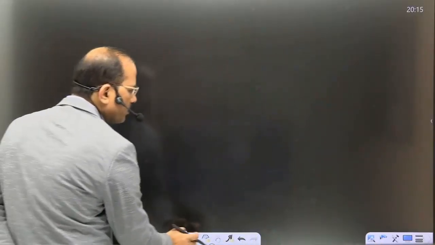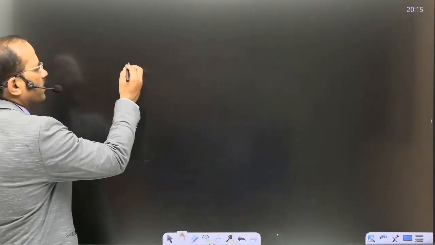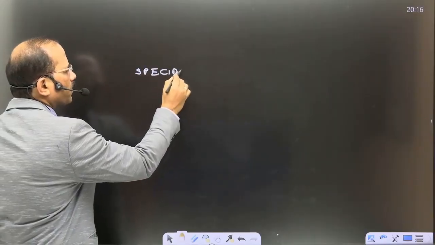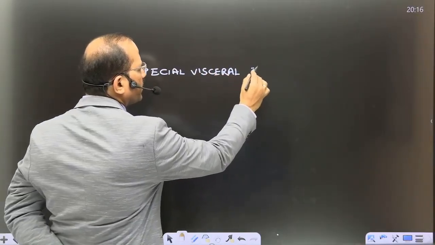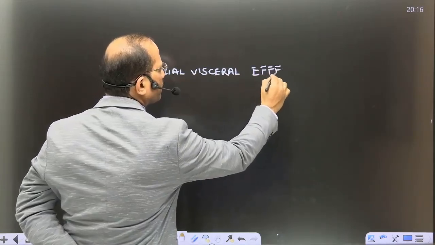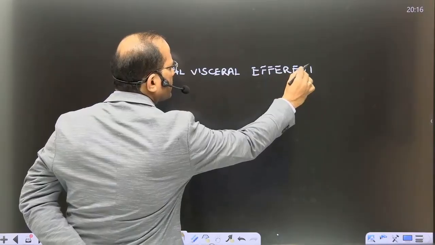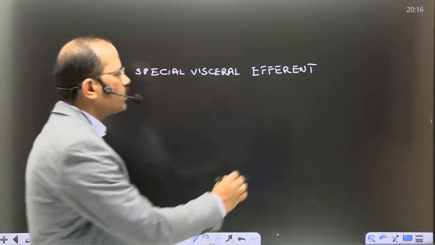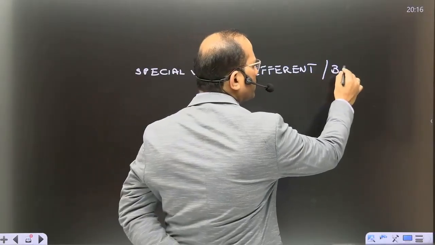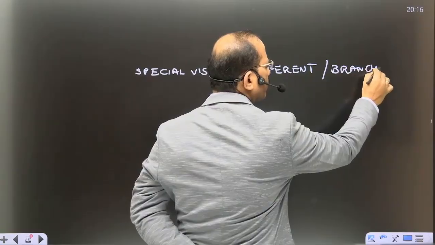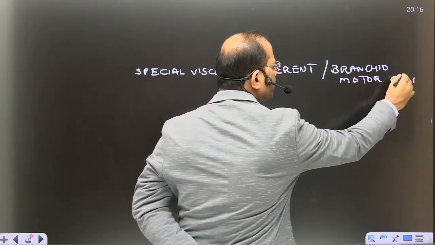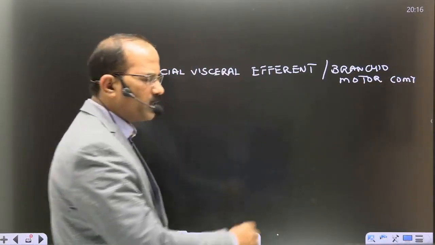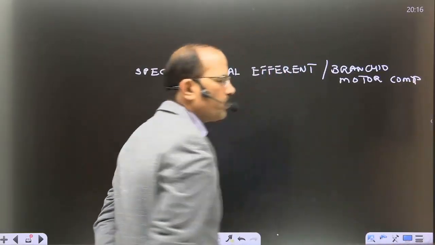The name of this component is the special visceral efferent component, or this is also known as the branchiomotor component.